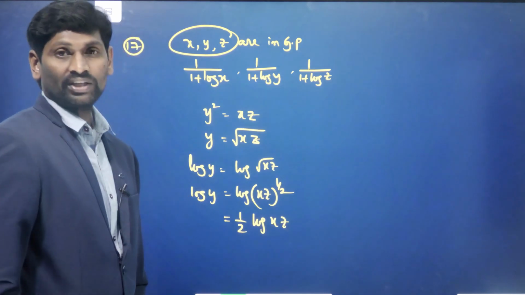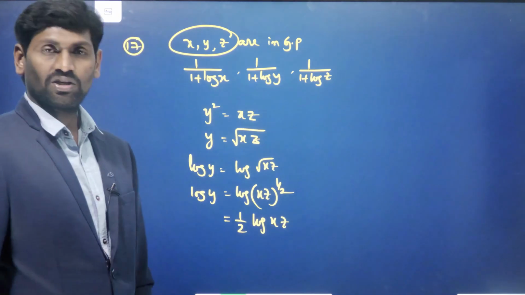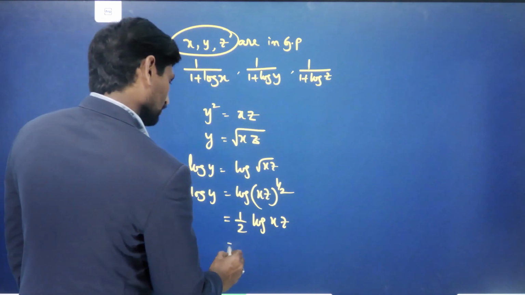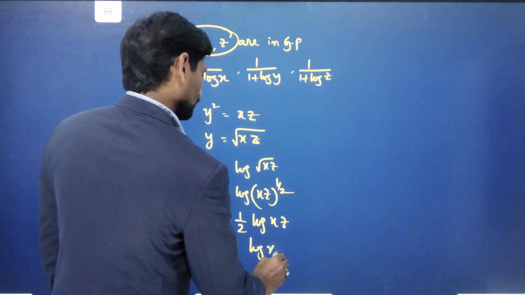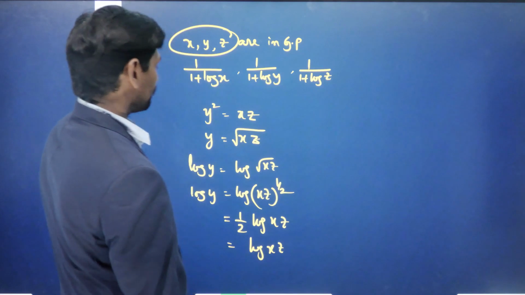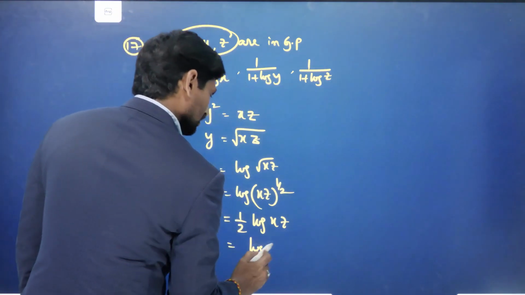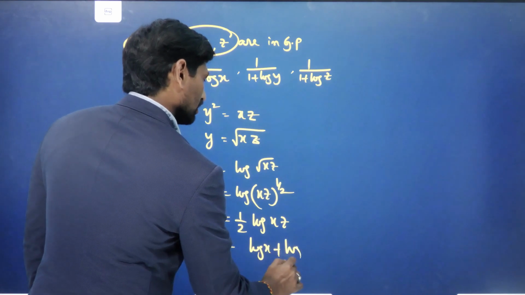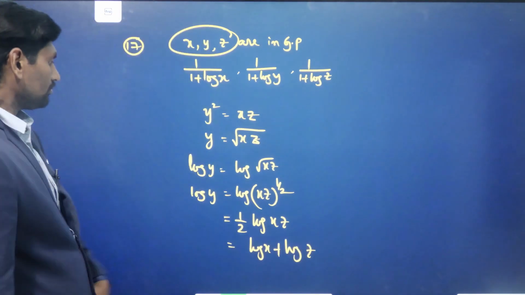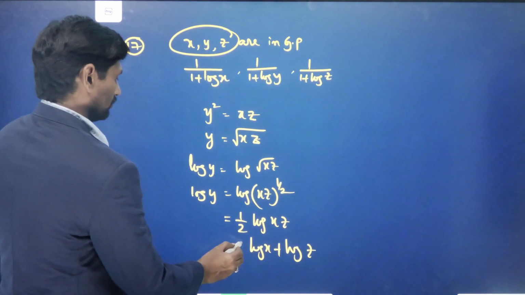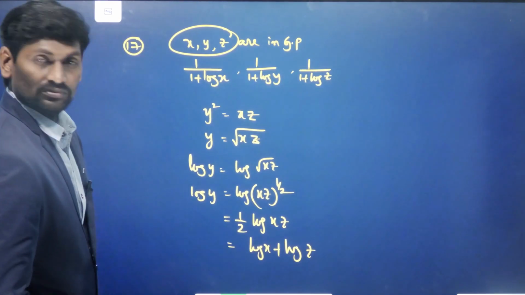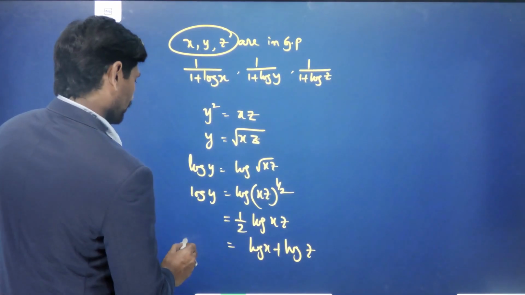The formula log ab equals log a plus log b gives log x plus log z. So that will be 2 into log y.